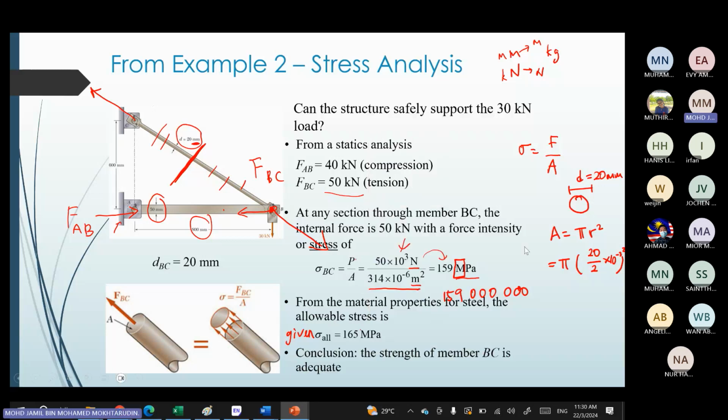From your calculation, you get stress 159 megapascal, but the material can withstand up to 165 megapascal, meaning that the force 30 kilonewton here is adequate. The structure is adequate enough or strong enough to cover the force 30 kilonewton applied on the structure. But that is for the rod.